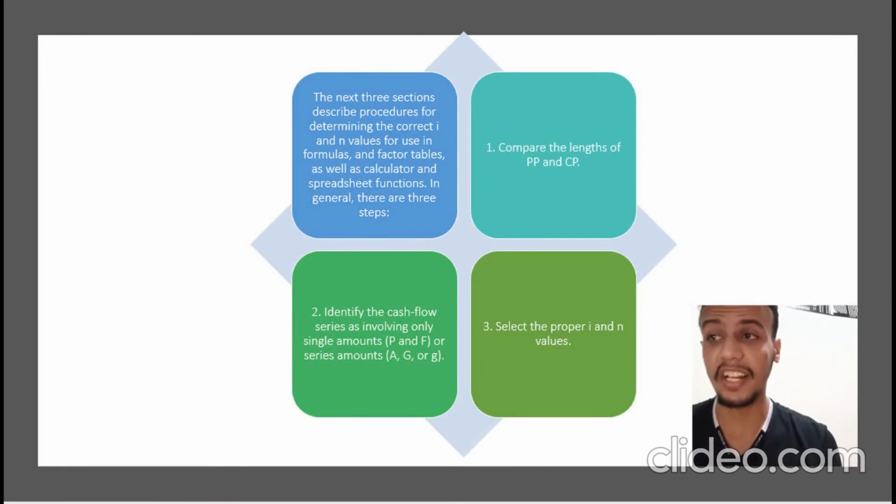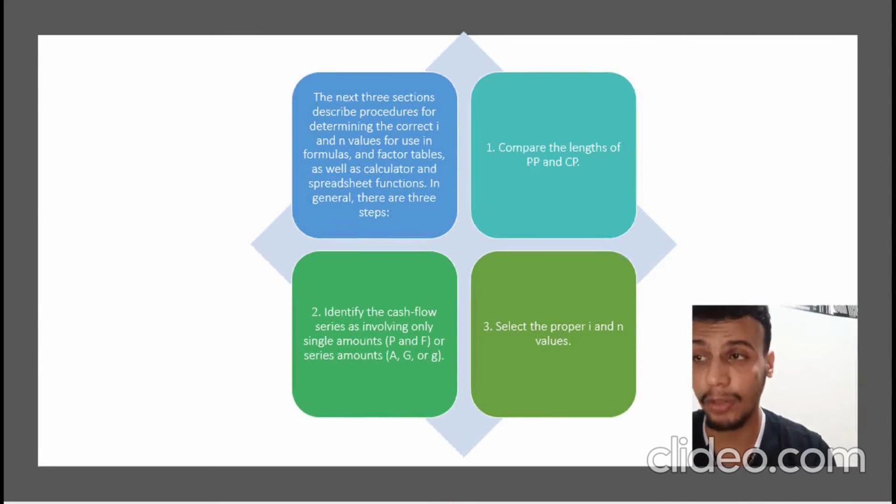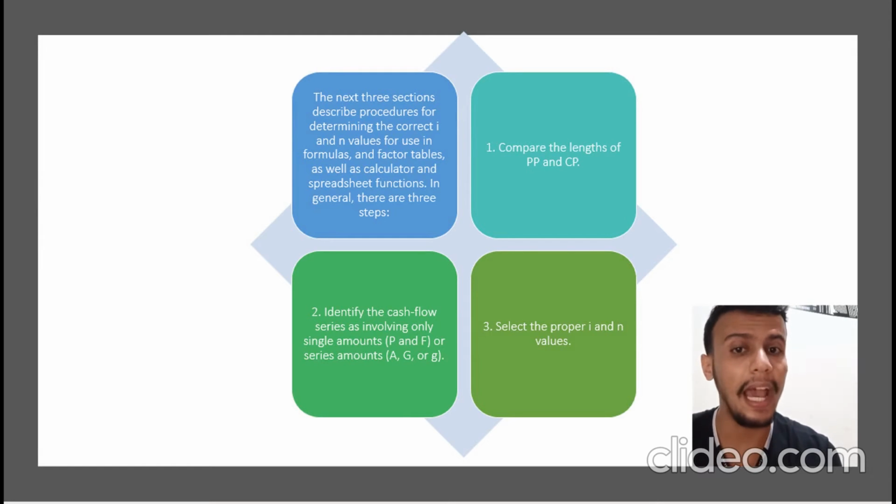The next three sections describe procedures for determining the correct i and N values for use in formulas and factor tables, as well as calculator and spreadsheet functions. In general, there are three steps. The first one, compare the length of PP and CP.